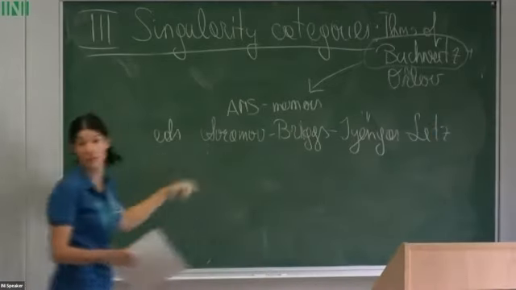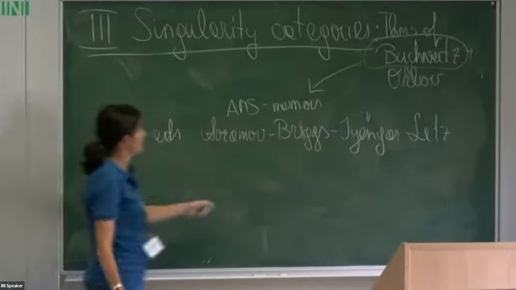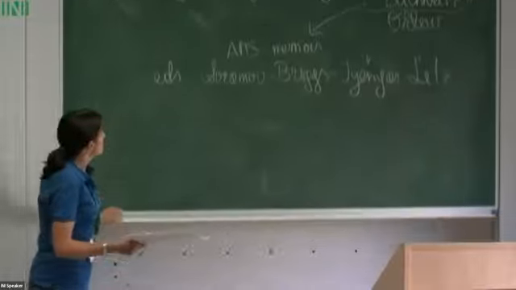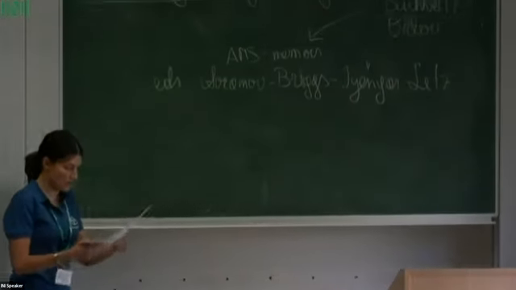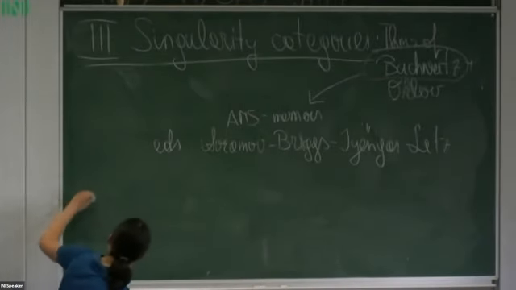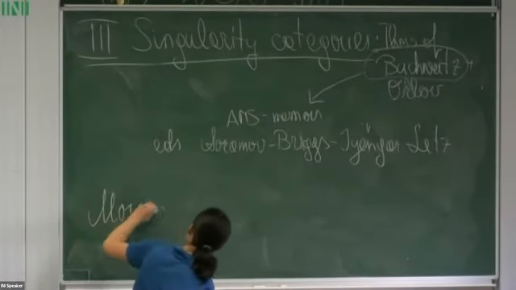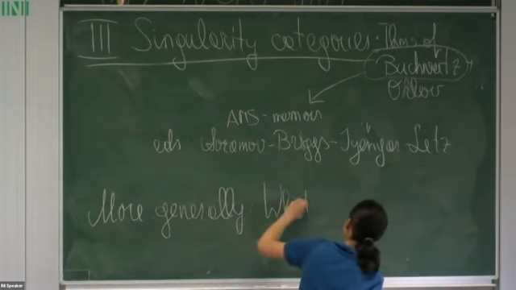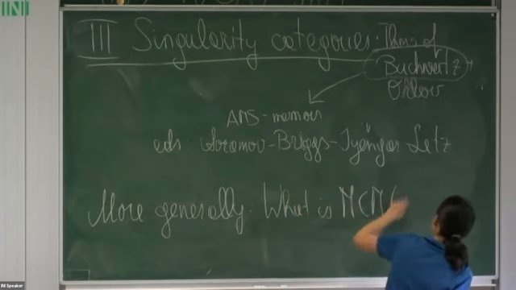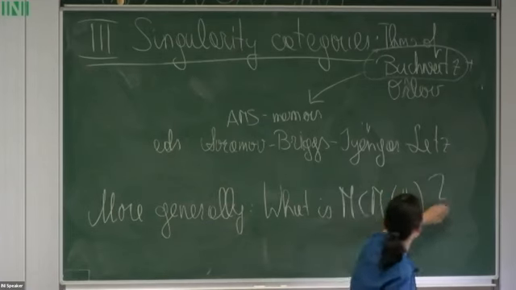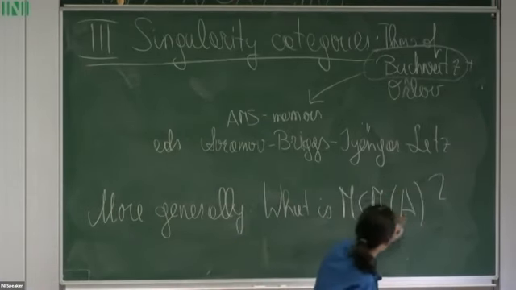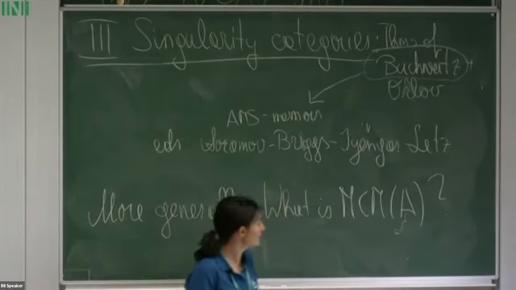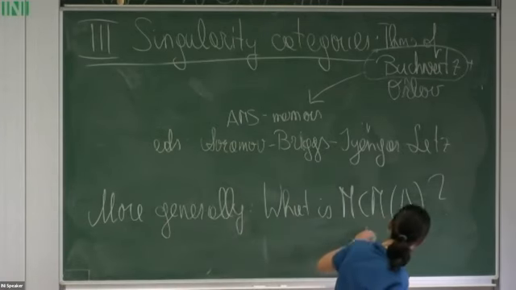And so they added some appendices, in particular in relation to Orlov's theorem. And so what is this about? The whole thing is about, more generally, what is MCM A, where A is now not a hypersurface ring, but, well, we can first ask any suitable ring, then you will find it's working best for Gorenstein rings.